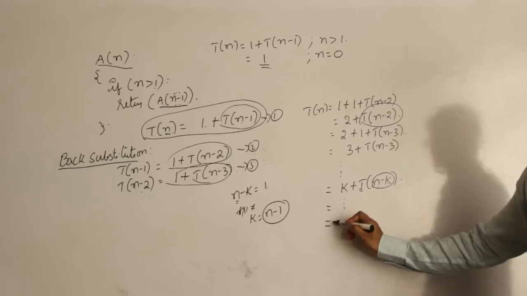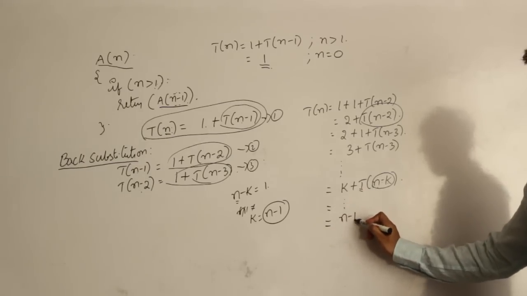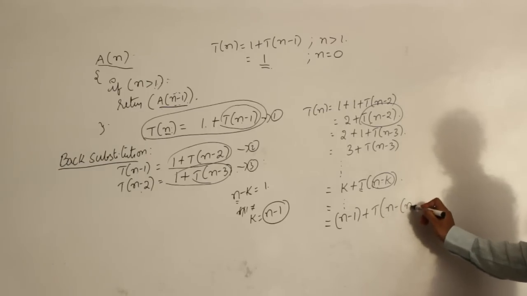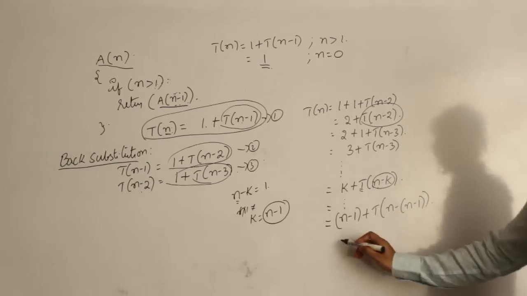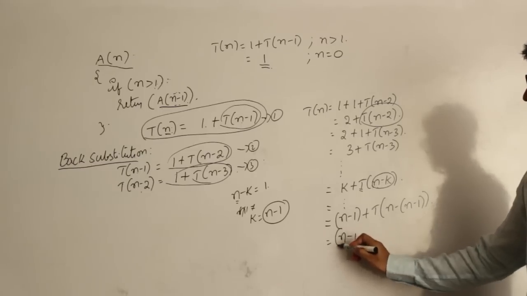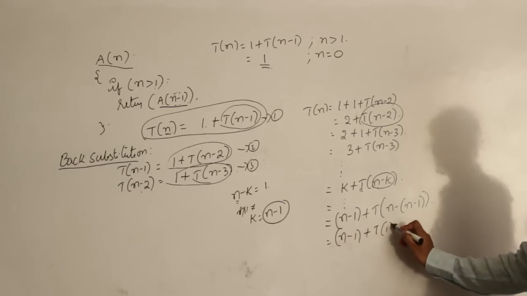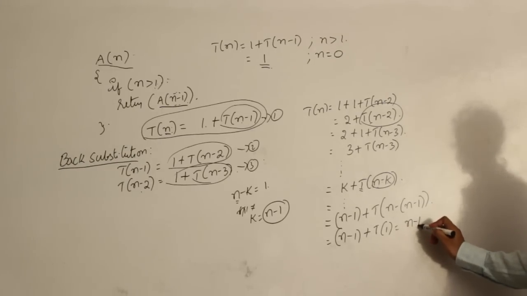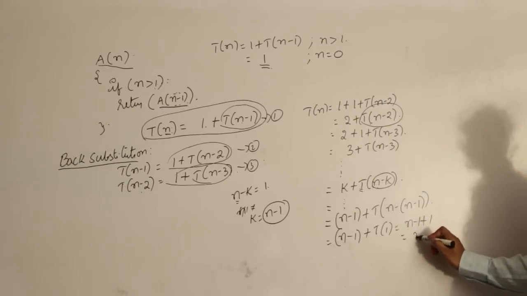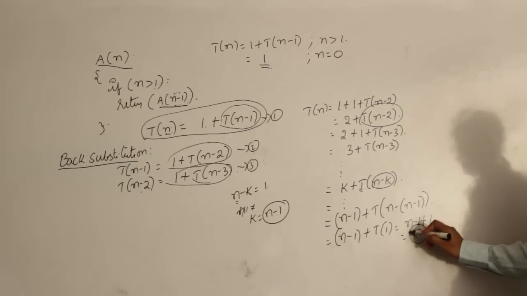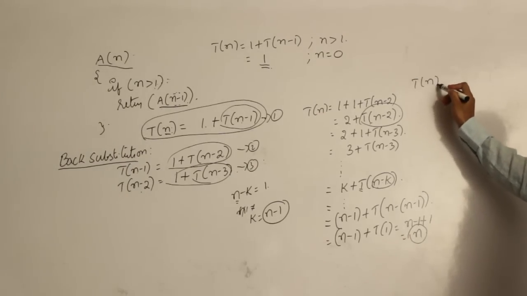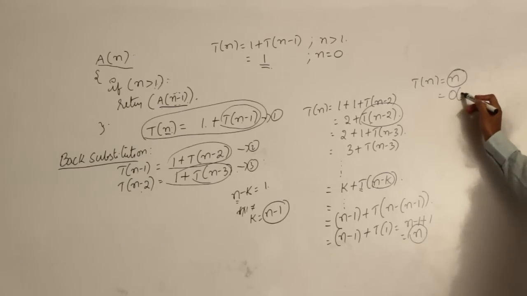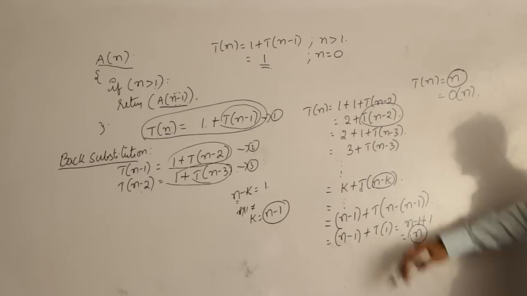Then we get n minus 1 plus t of 1, and we already know that t of 1 is 1. Therefore it is n minus 1 plus 1, that equals n. Therefore t of n equals n. You can even write it as order of n. This is the answer. This is called back substitution.